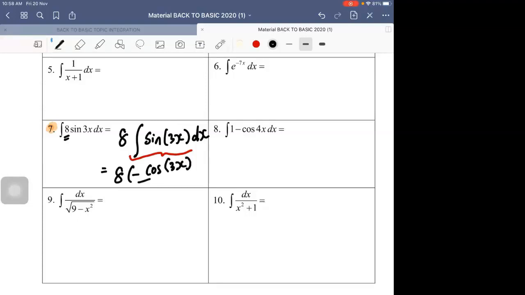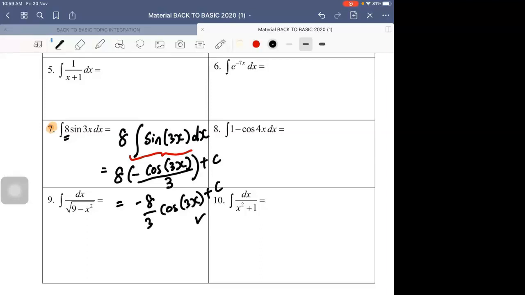But remember you must divide with the derivative of 3x. In differentiation we multiply by 3, but in integration we divide by the derivative of 3x, so you get 3, and then plus constant. If we simplify this, negative 8 over 3 cos 3x plus c.